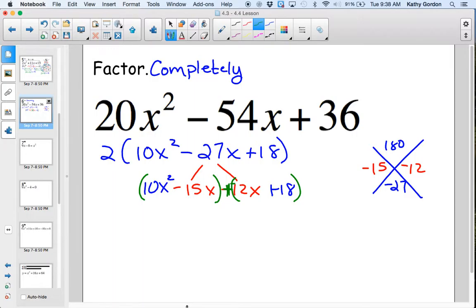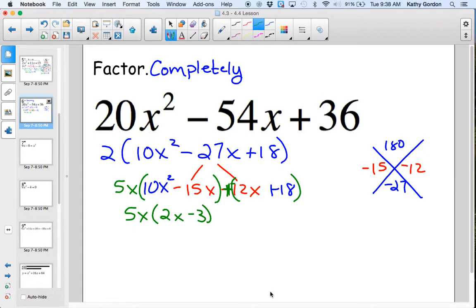Okay? So what can we factor out of 10x squared minus 15x? A 5x. Okay? So 5x is going to leave me with 2x minus 3. What can I factor out of a negative 12x and an 18? 3, 6.